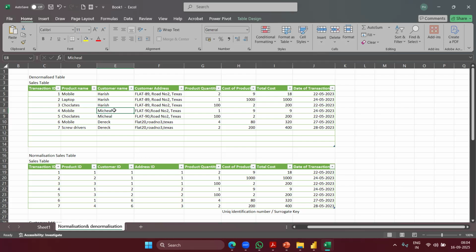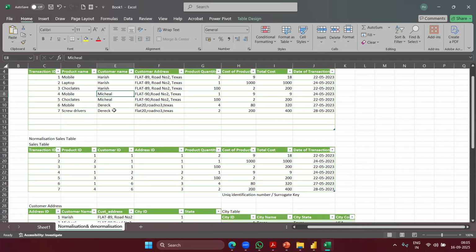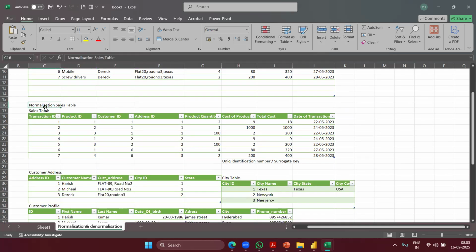And if you want to store more data, you need to purchase more hard disks and the cost to the organization will increase. Will you agree with that? So the drawback of the denormalized form is that data redundancy increases. So how can it be handled? With the help of normalization.